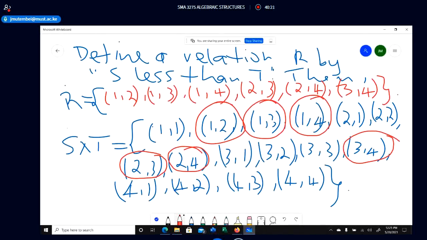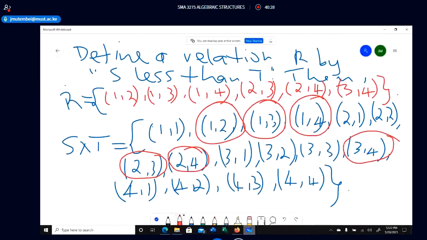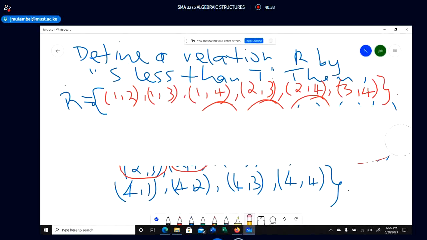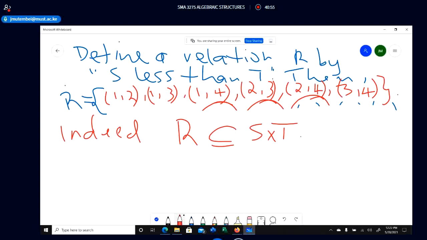So in this case now, I can make another remark. Since we have obtained all the members of R from S cross T, then we can conclude and say that indeed R is a subset of S cross T, of that Cartesian product.